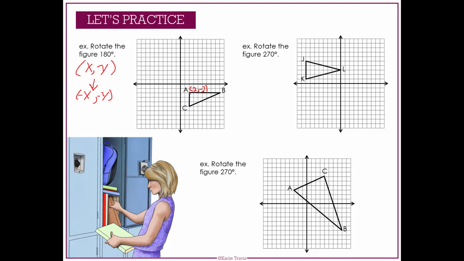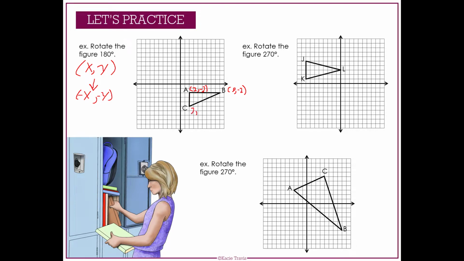Let's just make sure. 2, 4, 6, 8. Oh, no, sorry, 9. So this B is at 9, -2. And then C, that's coming down to -5.